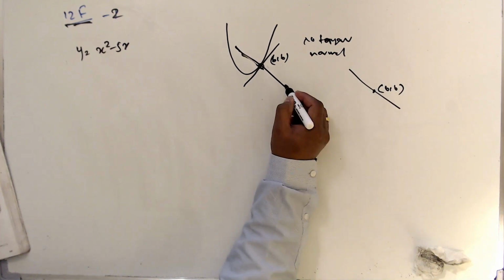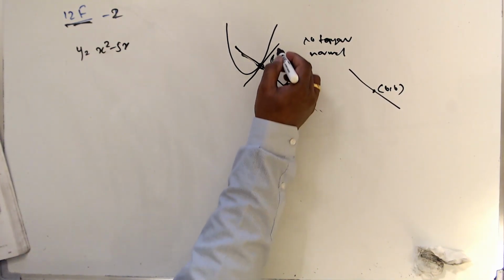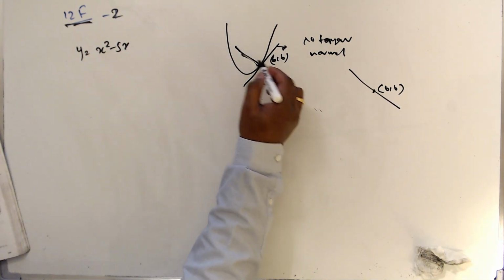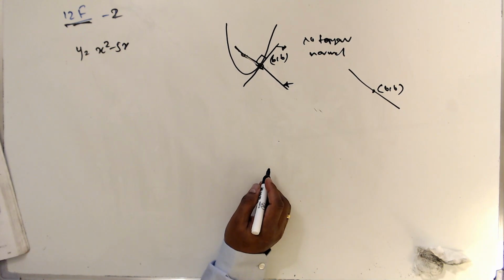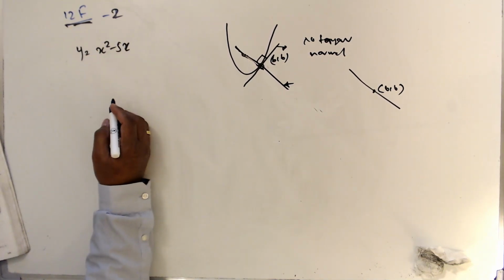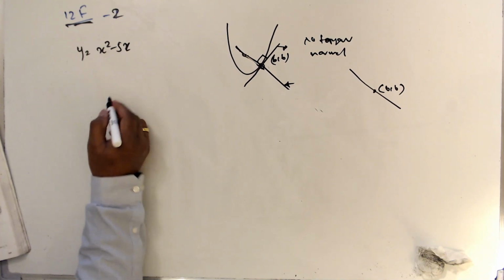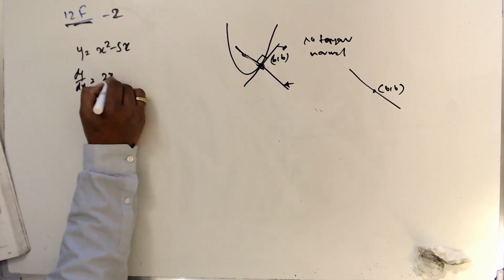We need the gradient of this curve. So what is the plan now? We'll find the tangent gradient. Then this is perpendicular, then we can find this gradient. So first of all, differentiation. Dy over dx is 2x minus 5.